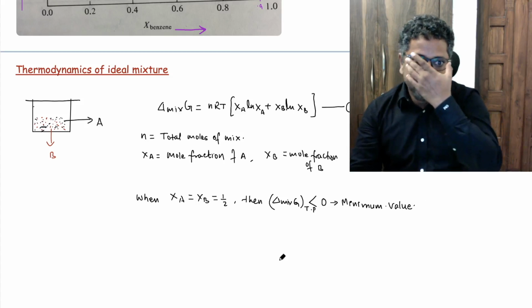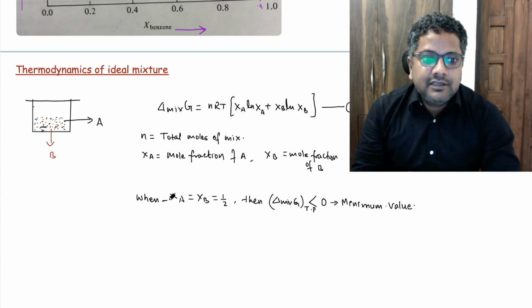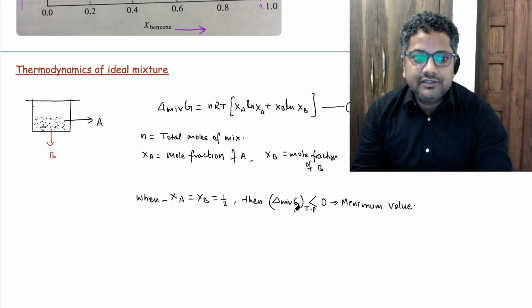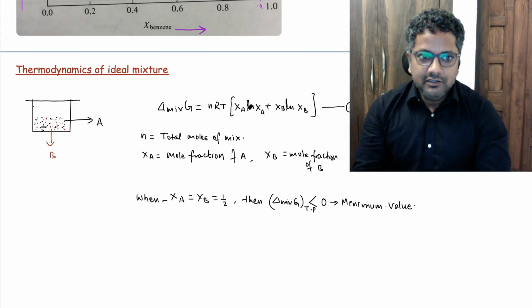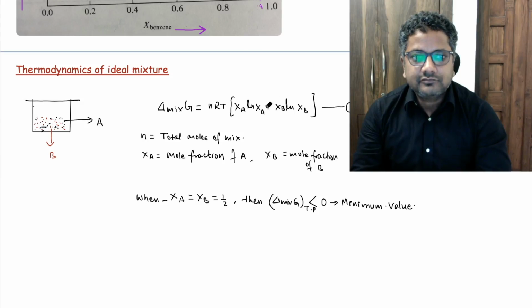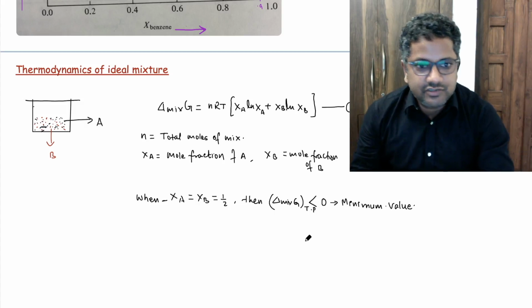Right? So when XA is equal to XB is equal to half, then delta G mixing is, you know, X is always less than 1. So ln is here, so this value is negative and negative. So overall this value will be negative. That's why it is less than 0.